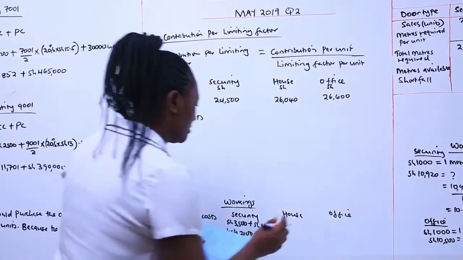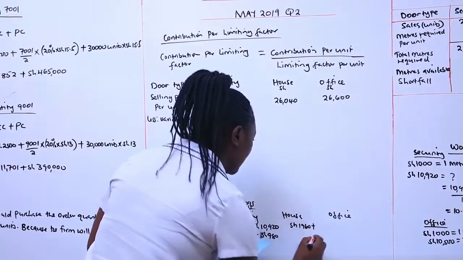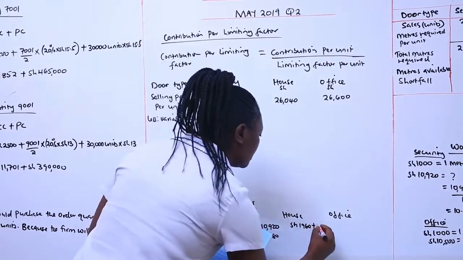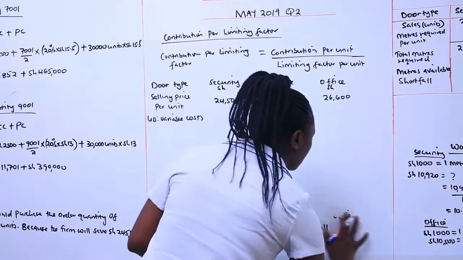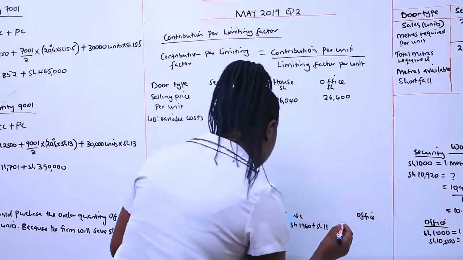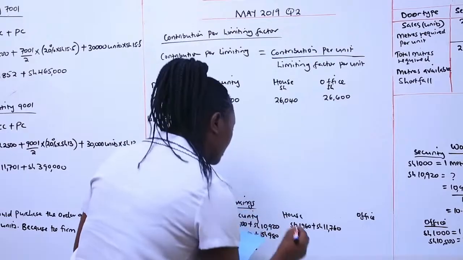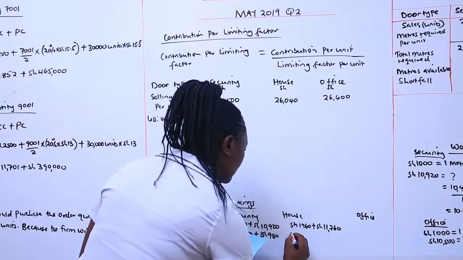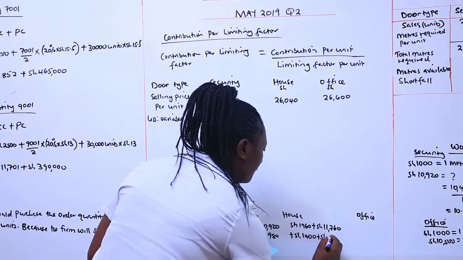Then for house, we have 1,960 plus 11,760 plus 1,400 plus 560.